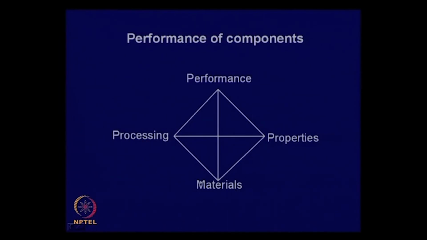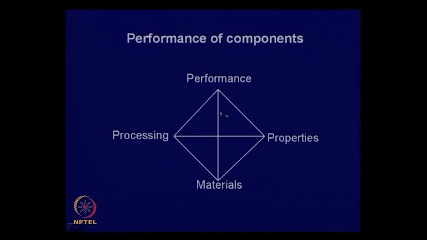The material means the composition of the material, what it consists of, whether it is a pure metal or an alloy, what alloying elements are added, and how we process it, whether it is cold rolled, or annealed, or cold rolled and recrystallized, or whether it has been given some special heat treatment or thermomechanical processing that will affect its properties.